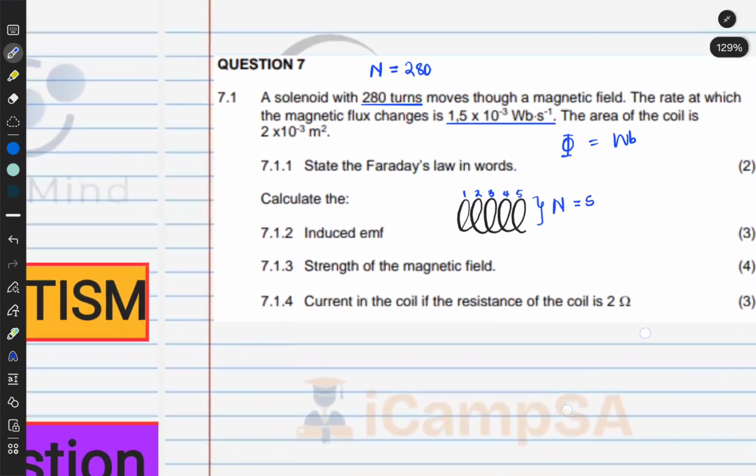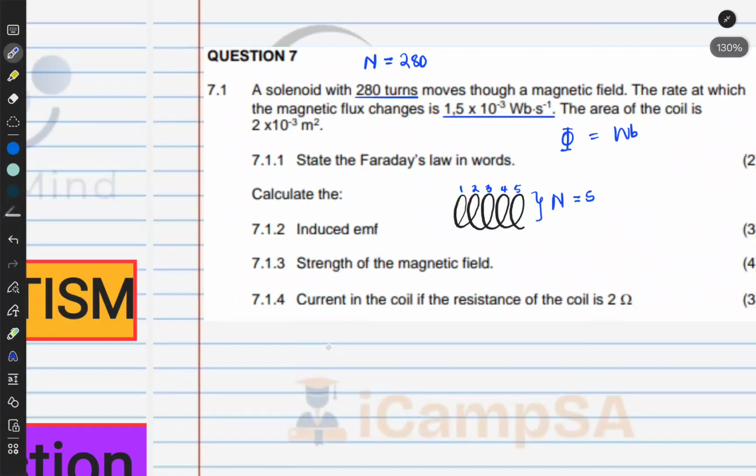It means, if you remember our formula for EMF, we normally say induced EMF is equal to minus N, all of this divided by t. The minus is for the whole formula, not for the N only. So it's minus times N times the change in magnetic flux linkage over time.